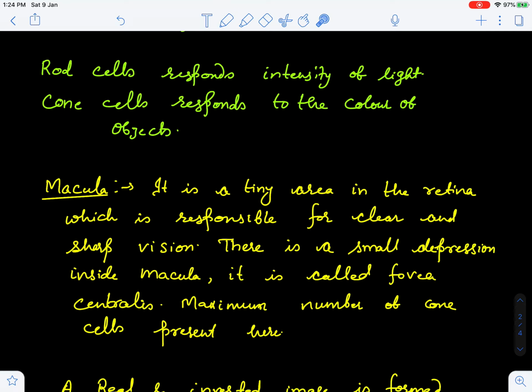There is a small depression inside the macula, that is the fovea centralis. The maximum number of cone cells are present here, and cone cells are responsible for color. So you can say this is responsible for sharp vision.